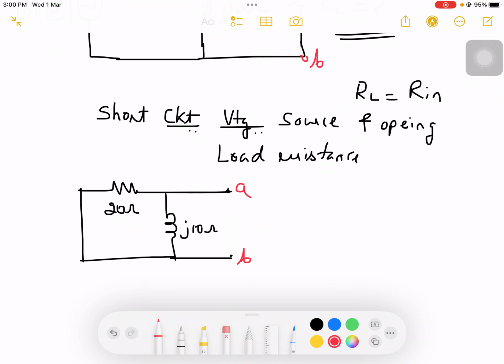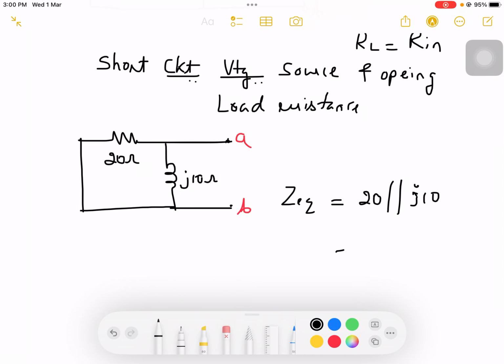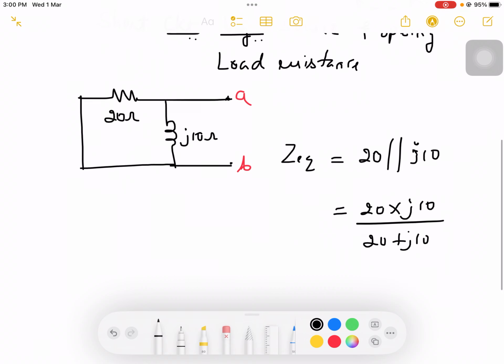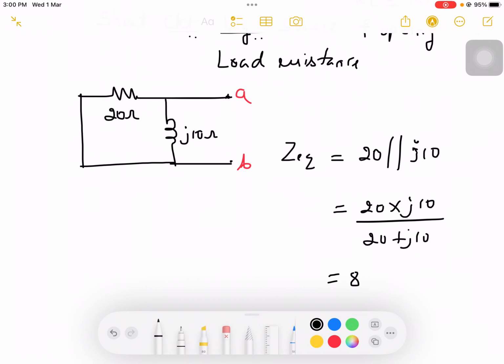Now I can determine Z equivalent, which is 20 ohms parallel to J10. If I find the equivalent, 20 into J10 divided by 20 plus J10, it gives the answer 8.94 at an angle of 63.44 ohms, in polar form.